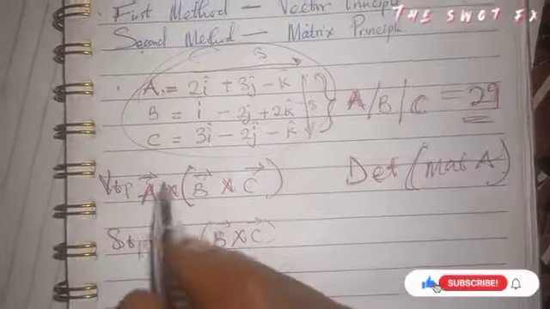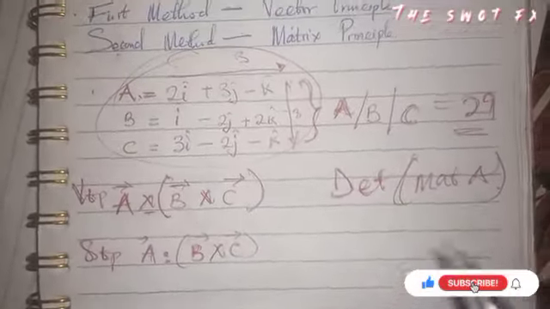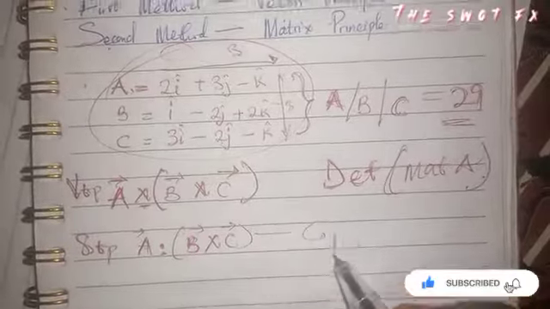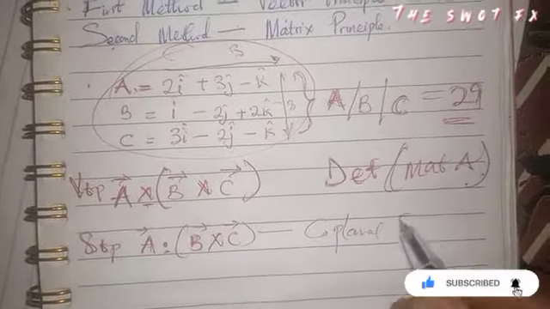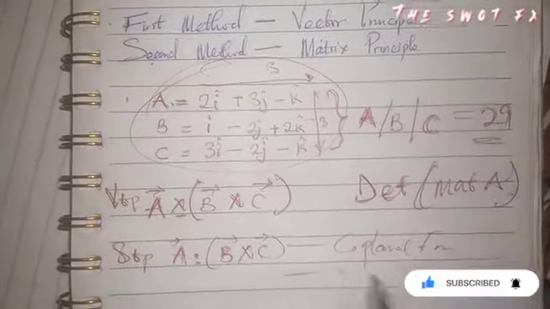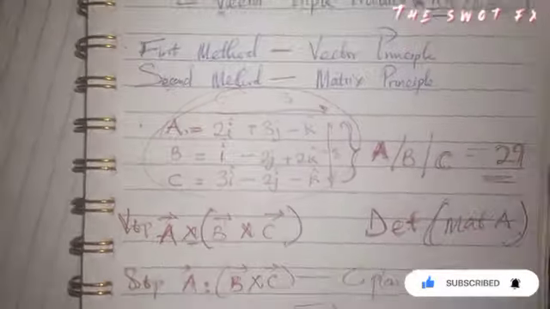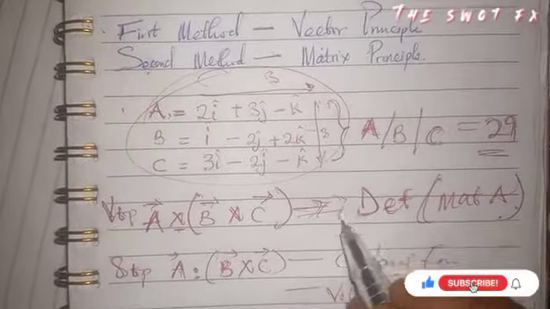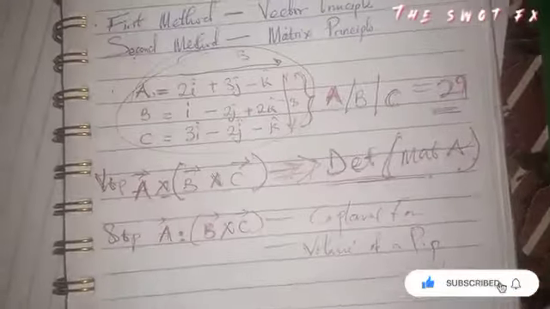So the difference here is just the dot and the cross. Then this is to denote a coplanar vector, and it is majorly used when we are looking for the volume of a parallelepiped. But here we are looking for the determinant of a vector.